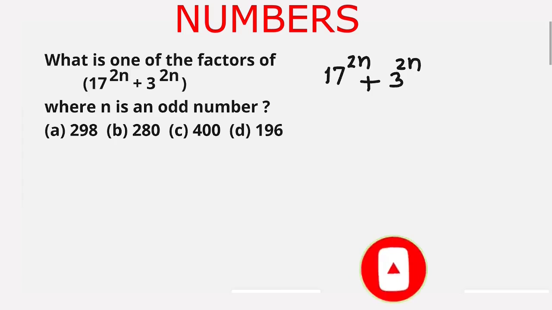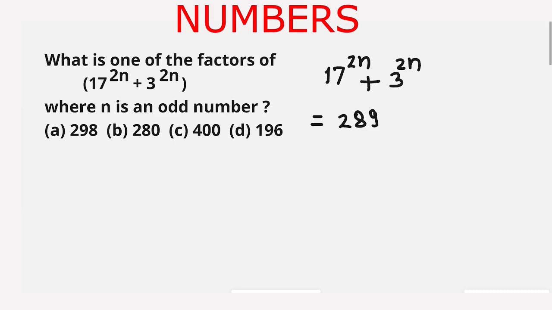The given number 17 to the power 2n plus 3 to the power 2n can be written as, square of 17 is 289, to the power n, plus square of 3 is 9, to the power n. So the given number becomes 289 to the power n plus 9 to the power n, and it is given that n is an odd number.